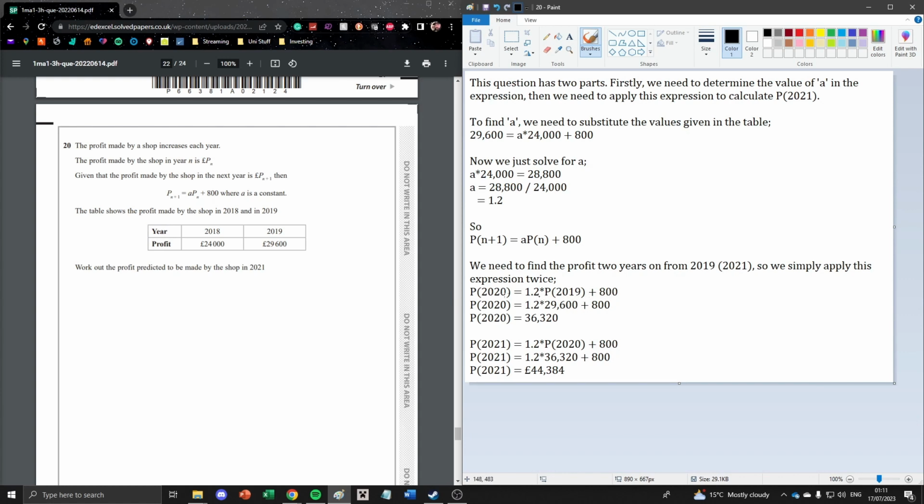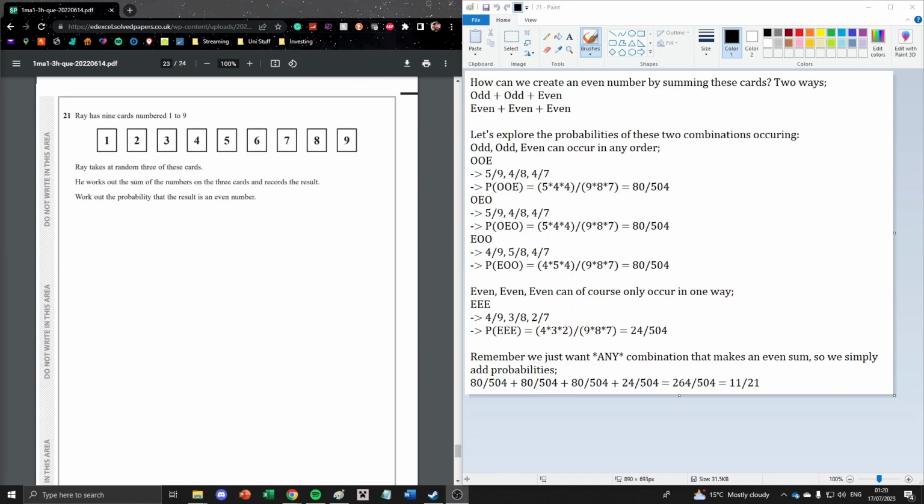We know profit in 2019 is 29,600, so we substitute that in, and we get that 2020 profit is £36,320. We then substitute this value back in, so 2021 profit is equal to 1.2 times 36,320 plus 800. So the profit in 2021 is £44,384.